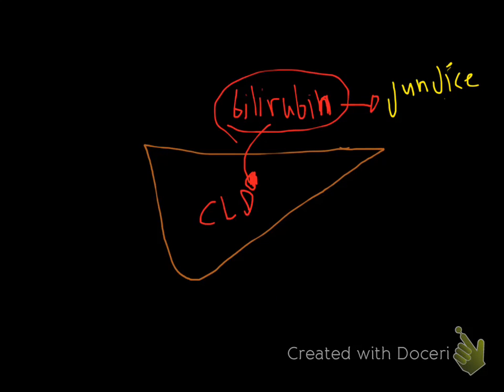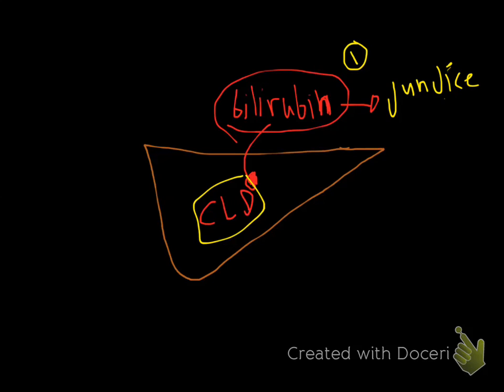The jaundice level can give you an indication of how bad the liver damage is, and how progressive the disease is at the level you are in. So this is the first clinical sign of chronic liver disease.